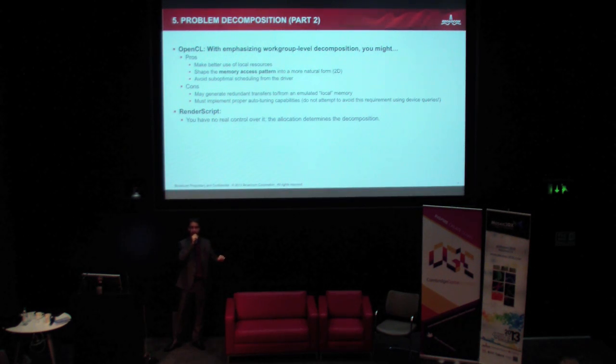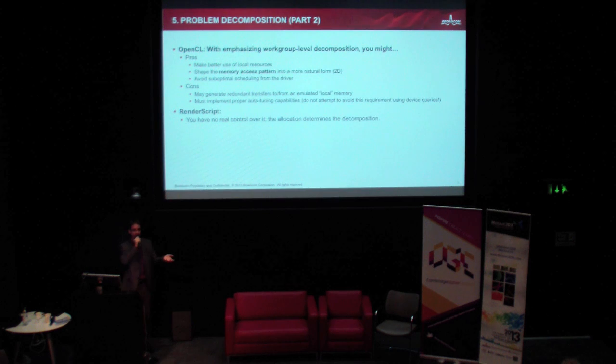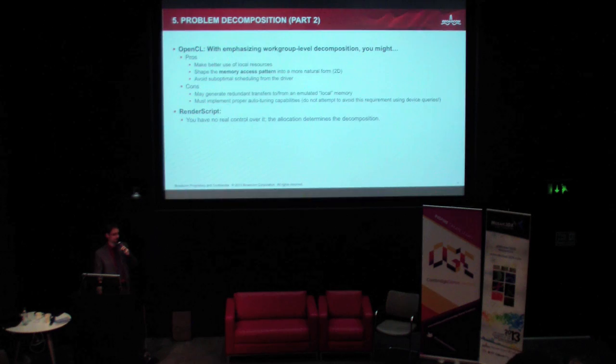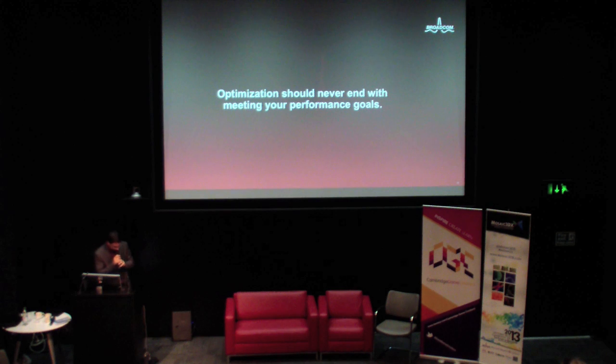It does not guarantee you performance portability, but it's not just a fact you need to accept, it means that you need to guarantee performance portability. For RenderScript, life is way easier because you have absolutely no control over the decomposition. There is no concept of workgroups, and only the naive one is used because the allocation determines the decomposition itself.